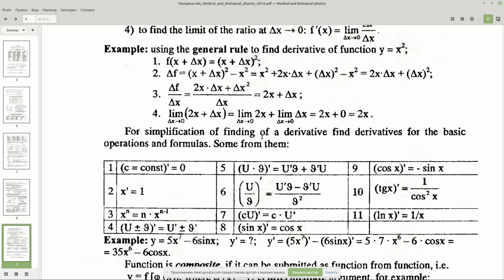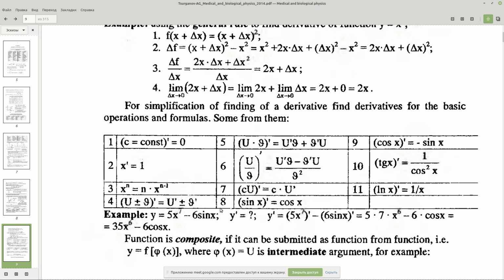It's already made for you, thousands of people have used it before, and everything is right and works well, so you can just take the parts of your function, put their derivatives into this formula, and receive the right result. So, for example, y equals 5x to the power of 7 minus 6 sine x.